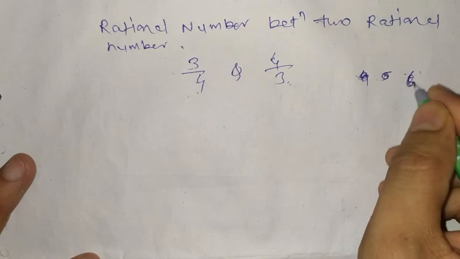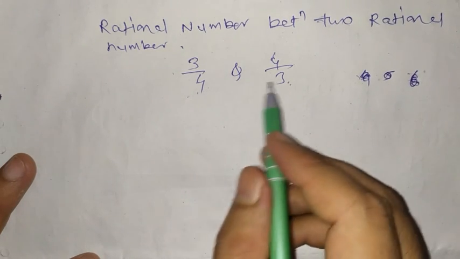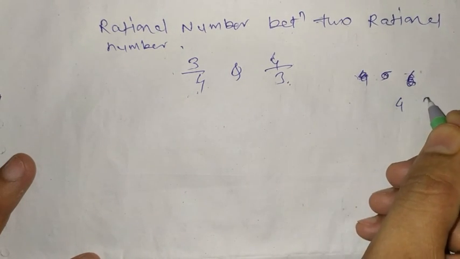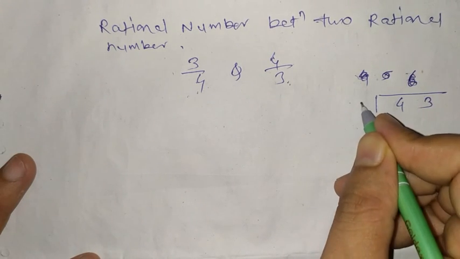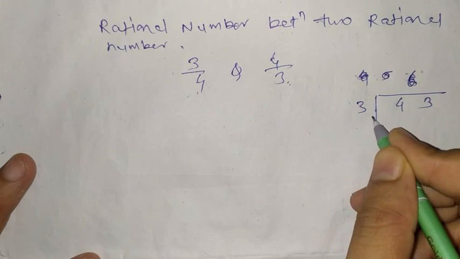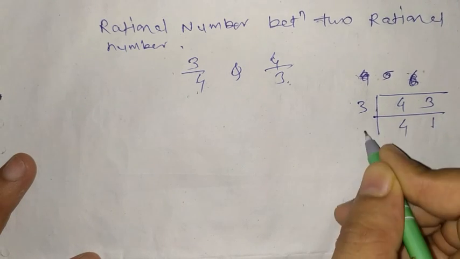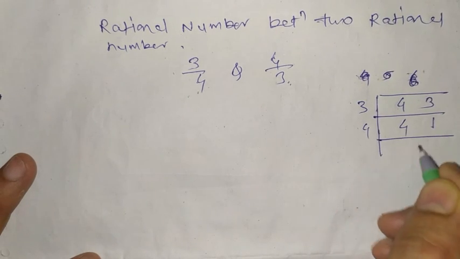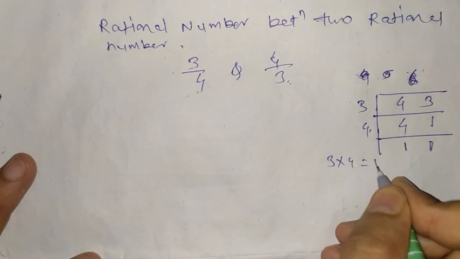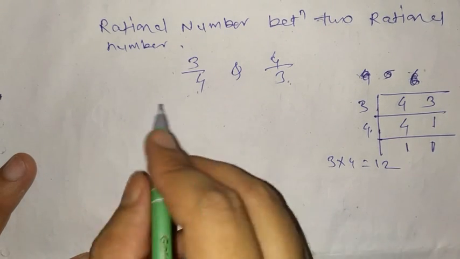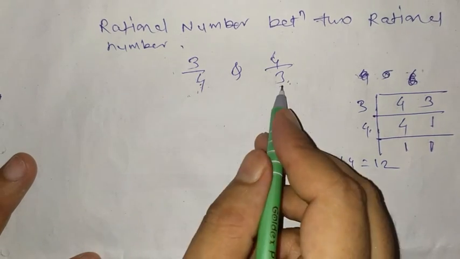So here you have to check the LCM of 4 and 3. If I use 3, here 1 is there, 4. If I use 4 here 1 is there, then 3 into 4 is what? 12. Okay, so you can keep their denominator the same.